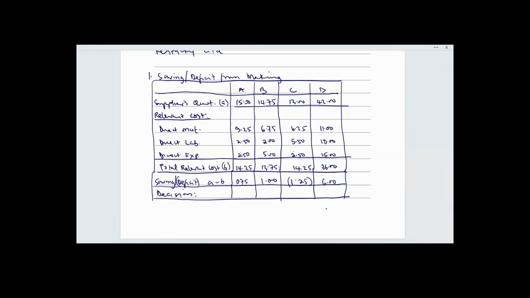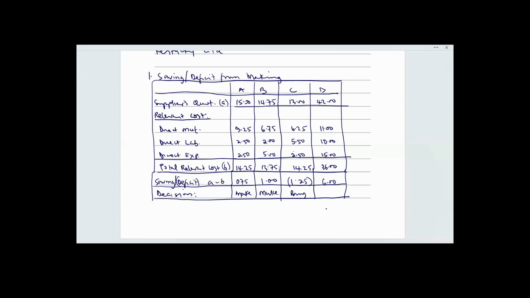Somebody wants to give it to you at 15 naira. What do you do? You make, right? Again, the relevant cost of 13.75 is lower than the supplier's quotation. You make. The relevant cost of 14.25 is higher than the supplier's quotation of 13 naira. You buy.